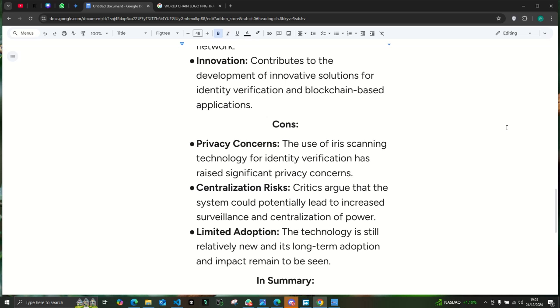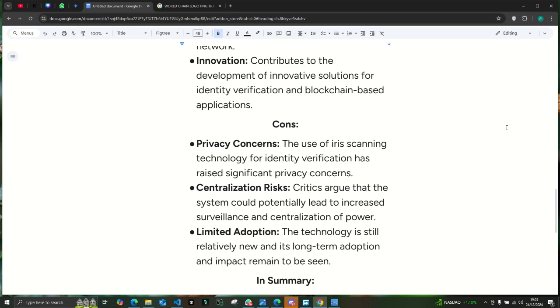Critics argue that the system could potentially lead to increased surveillance and centralization of power. That's also true. Number 3, limited adoption. That is the third disadvantage. The technology is still relatively new, and its long-term adoption and impact remain to be seen.